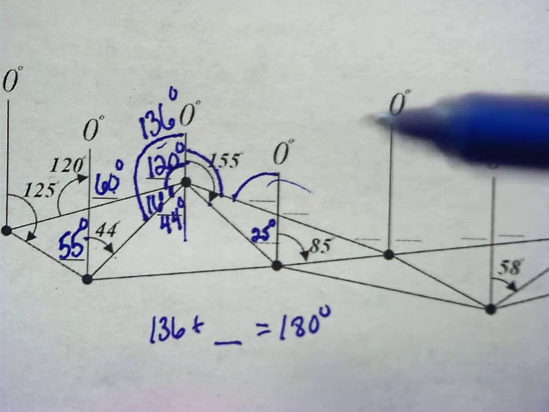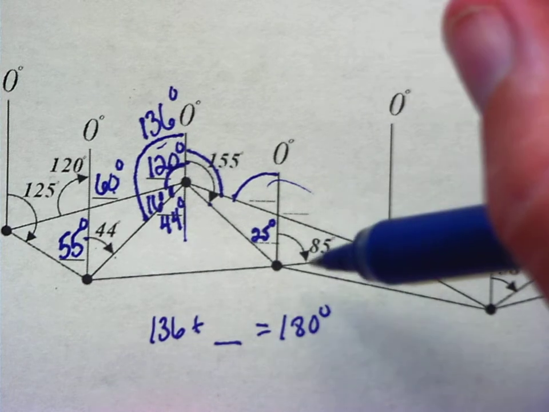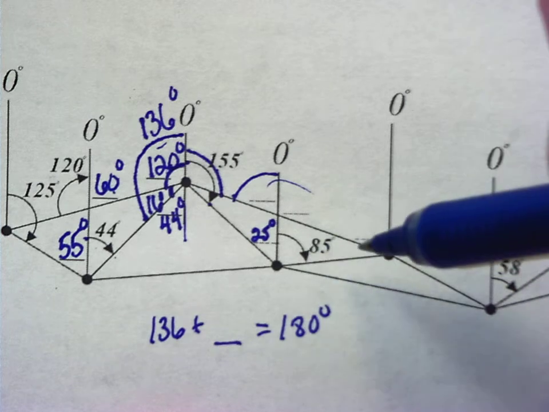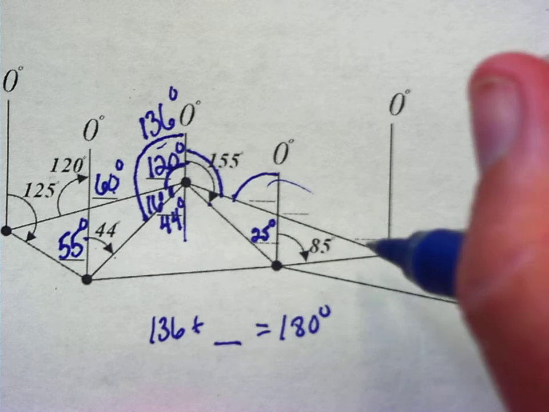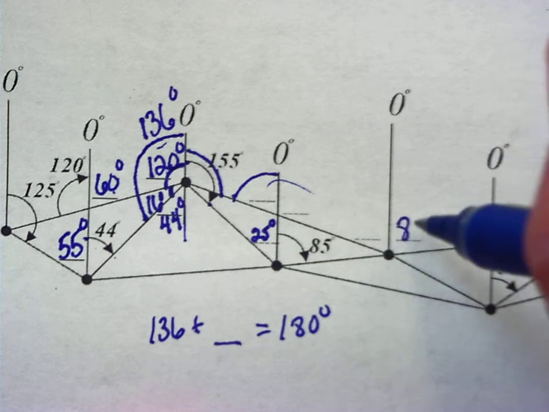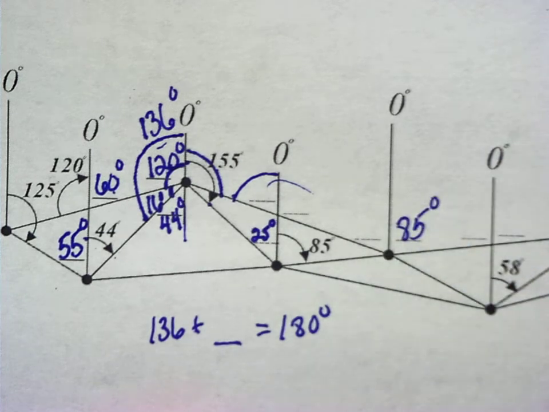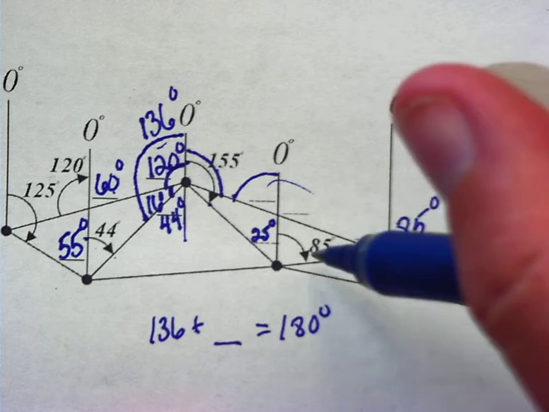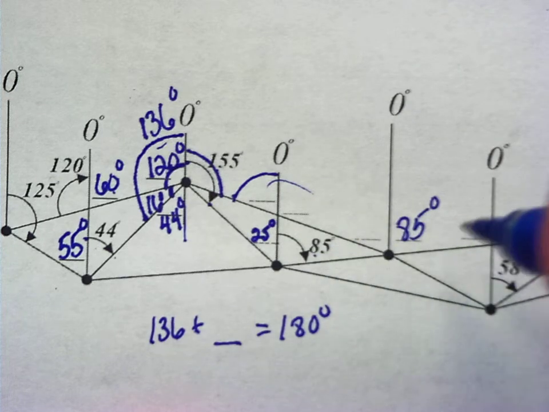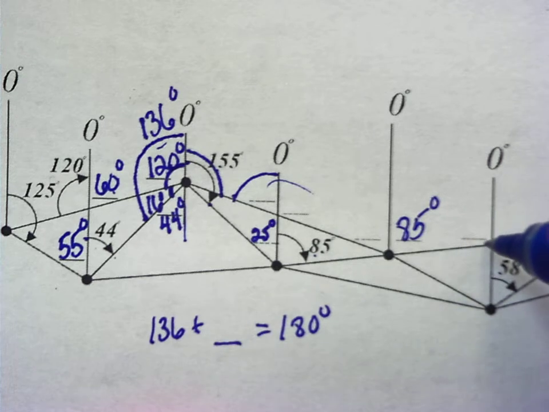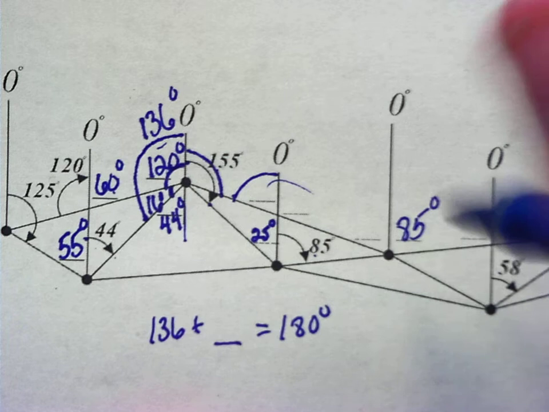Now, here we have an 85. We have parallel lines cutting through here. This angle here must be 85 because it's got to be congruent with that. If that's 85, this angle has to add with this angle to be 180.